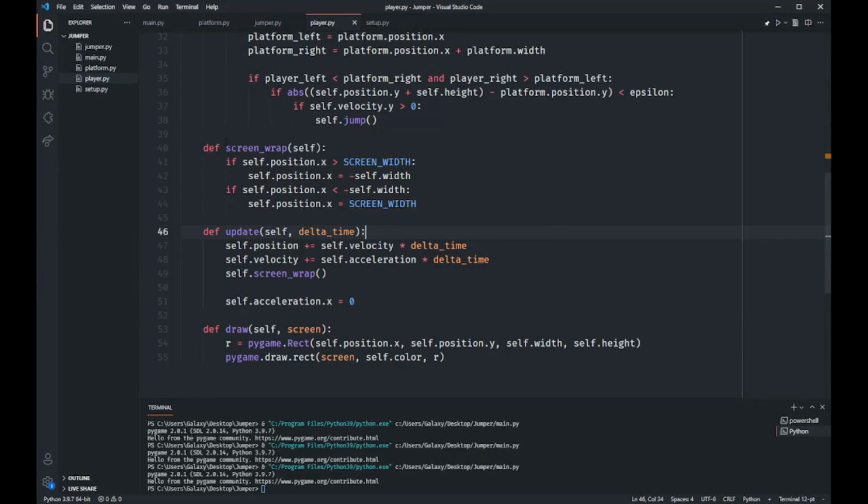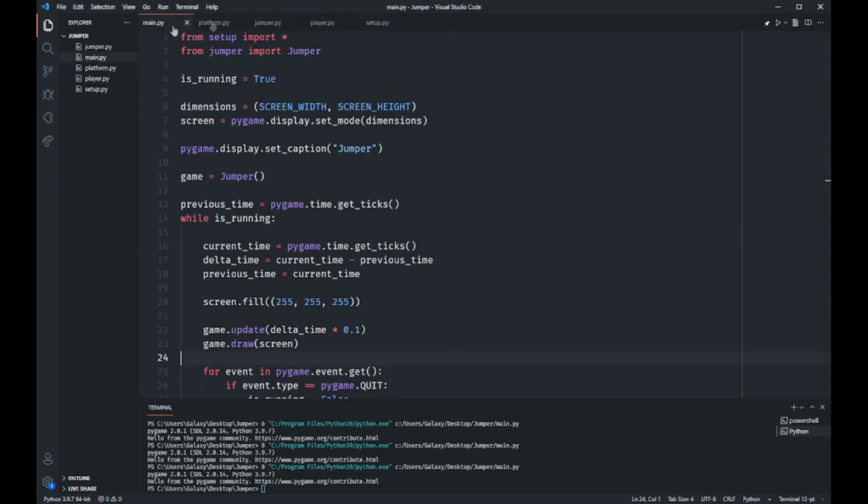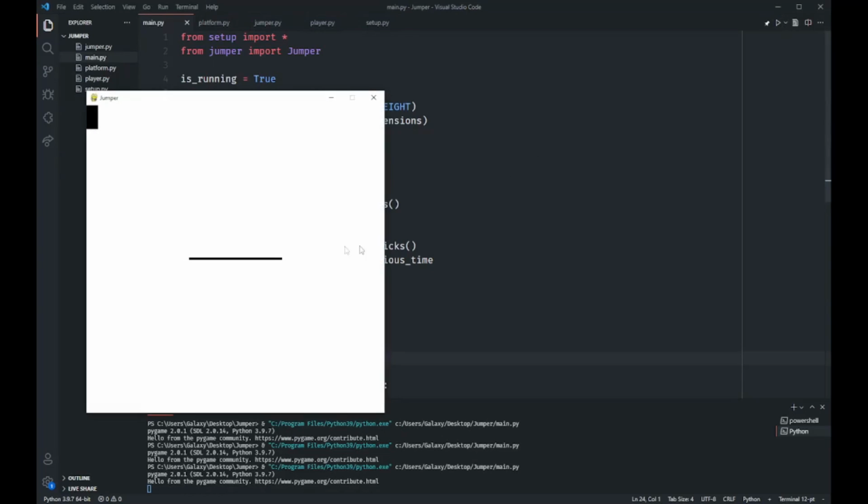So let's see what happens now that we're using acceleration. Ideally, our players should start moving in a smooth fashion. So let's run the game and see what happens. Right away you notice, wow, my player is going really fast, but the movement is pretty smooth.